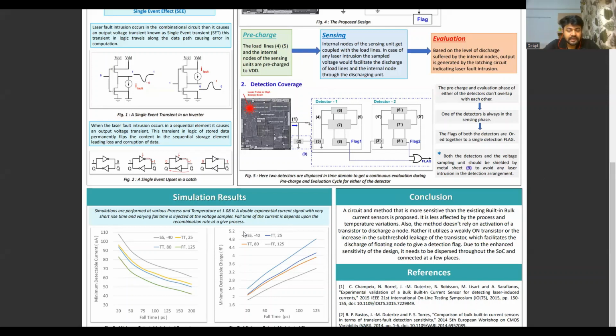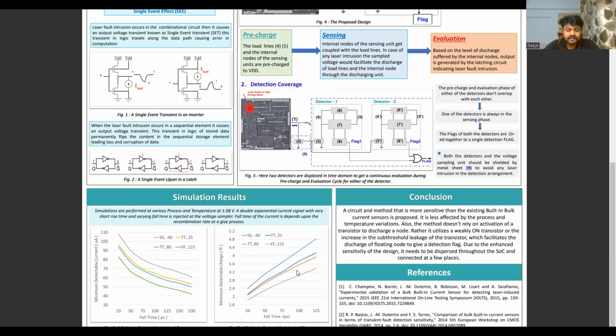The first graph illustrates the minimum detectable peak injected current at the common node. It is observed that with the increase in fall time, the required current to trigger an alarm decreases. This is because the sampled voltage would facilitate the discharge of the load lines for a longer period of time.